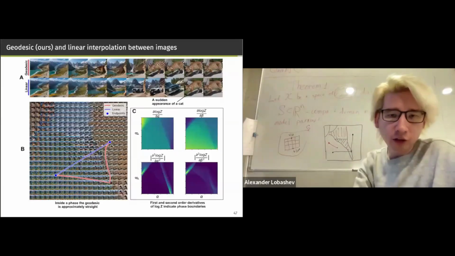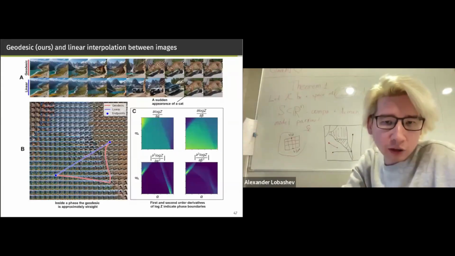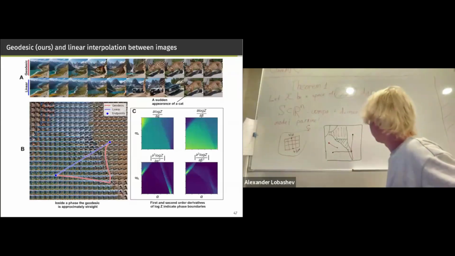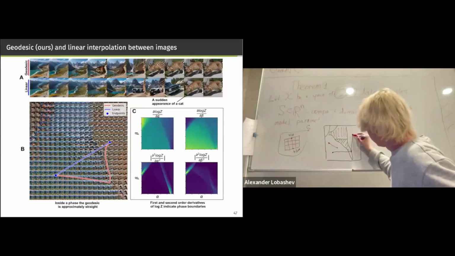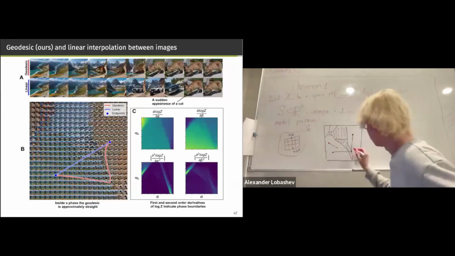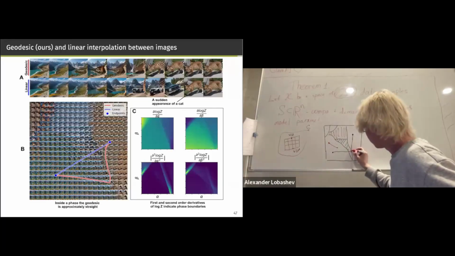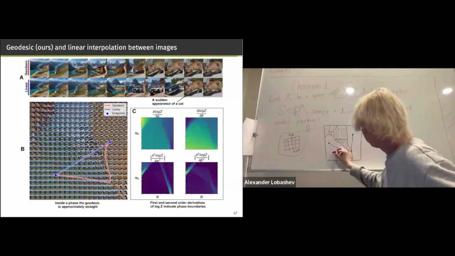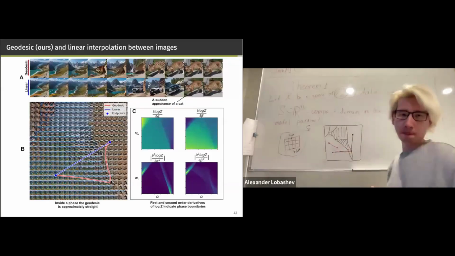And in the case of diffusion models, if we start in different phases, inside a single phase our geodesic will be linear. Then it will change abruptly at the boundary, and then again inside the second phase it will be linear.